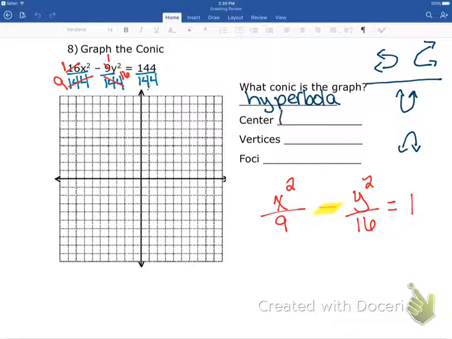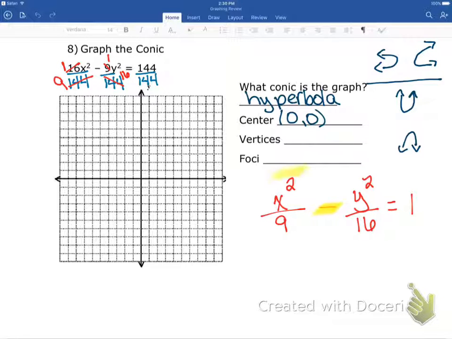So all of the hyperbolas and ellipses that we are dealing with in this class have a center of 0, 0. As you move into pre-calculus, you will deal with hyperbolas, ellipses, and parabolas that are not at 0, 0. But for now, we're dealing with them at 0, 0. Now, we have to decide which one of our end behaviors this particular equation is going to give us.